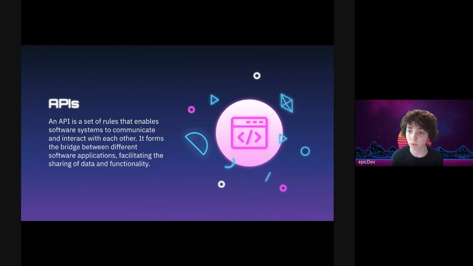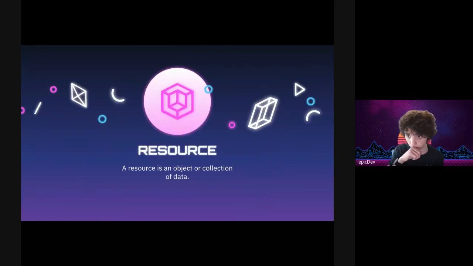Besides these two items, we need to understand two other important words that you may not already be familiar with: resources and fields. What is a resource? Well, a resource is an object or a collection of data. For example, a resource could be anything from a user account to an image.